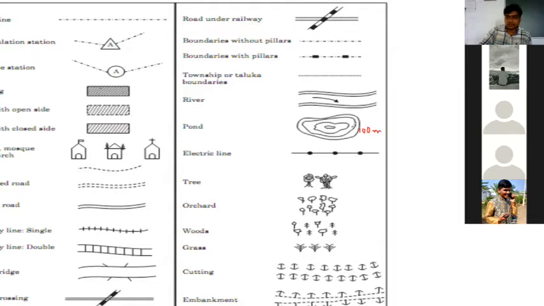Just approximate. 90, sir. Okay, 90. And what about this? 80. Yes. So if there is a pond, the level is going to decrease from the outside toward the inside. So this is how we're going to denote the pond.